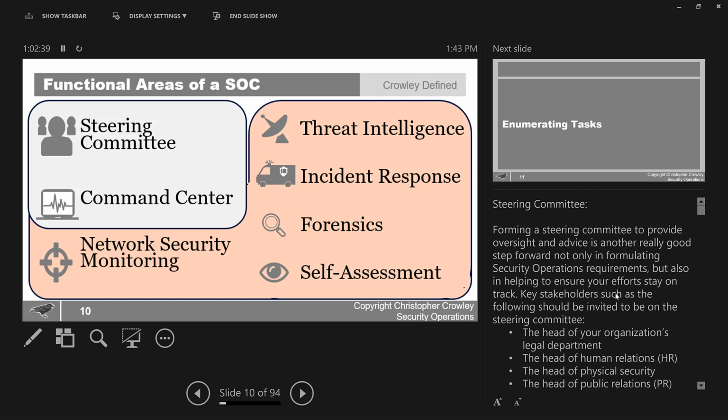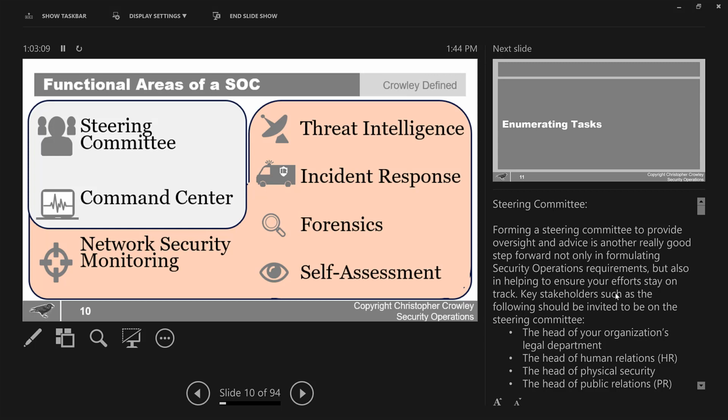So when I talk about the steering committee, I think it is comprised of your constituents, and your constituents are the people who you protect. Now, these may be your customers, these may be internal employees, these may be various business units, right? If you're a managed security service provider and running a SOC, you should have a way to interface with your customers to make sure that they are getting the service that they want and need. And the steering committee is really that function.